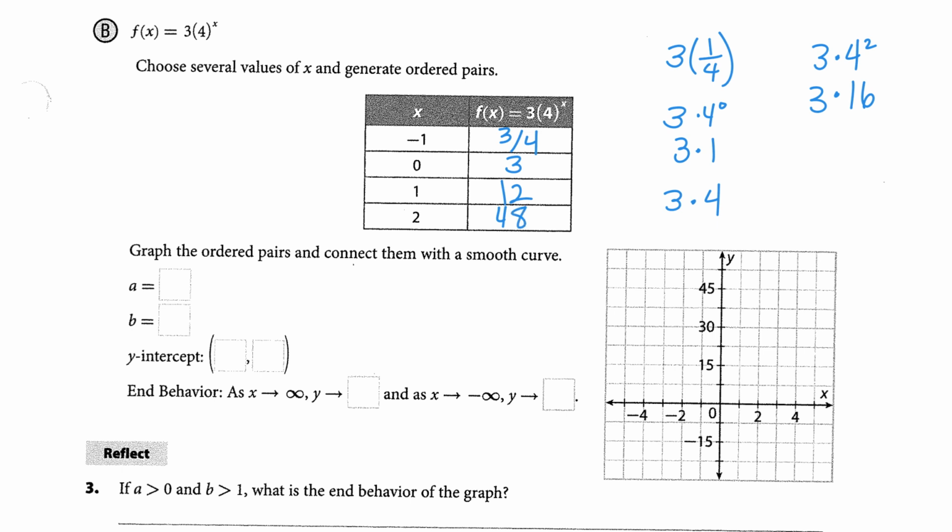So we're going to graph them. -1, 0.75; 0, 3; 1, 12; 2, 48. And then we're going to do a smooth curve.